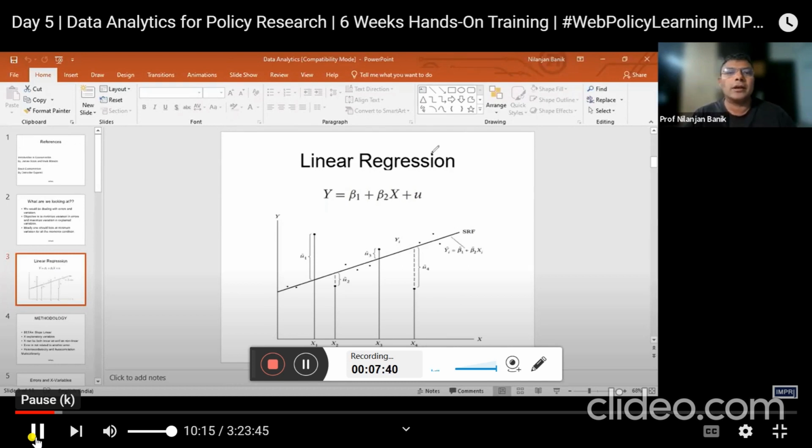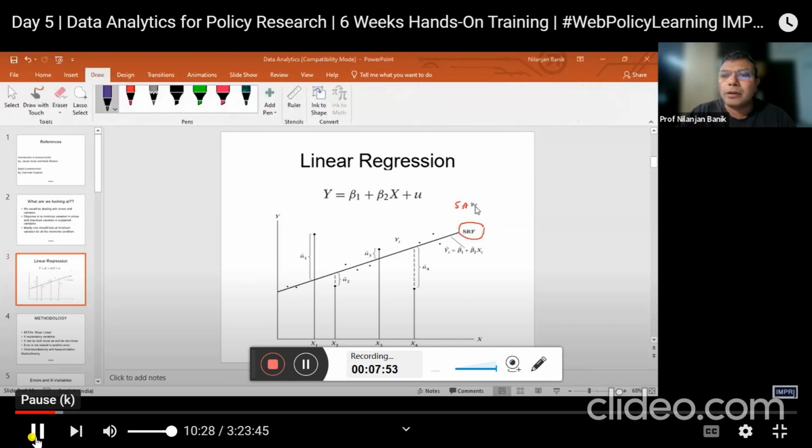So basically, what we are trying to say, this is SRF. SRF stands for sample regression function. Okay. This R for regression, and then you have function.